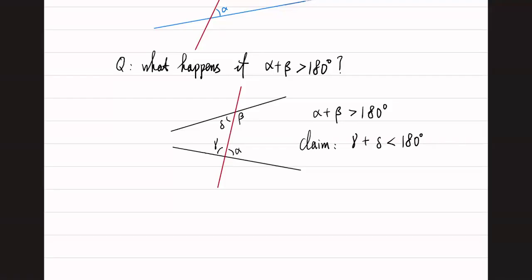Here, my way to prove this is a direct proof. Gamma is 180 minus alpha, a supplementary angle. Delta is 180 minus beta, also a supplementary angle.